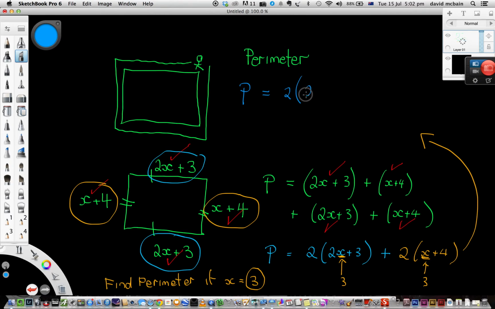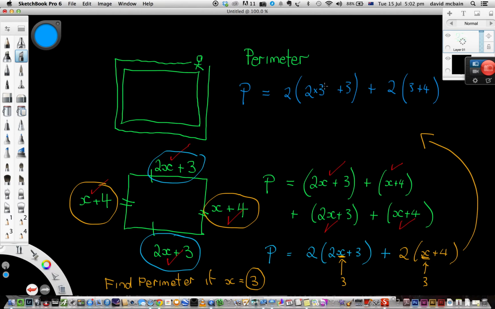So that will be 2 times 3 plus 3, then plus 2 bracket, now rather than writing x plus 4, we're going to write 3 plus 4. So that'll be 3 plus 4, close our bracket, and now we just work it out.